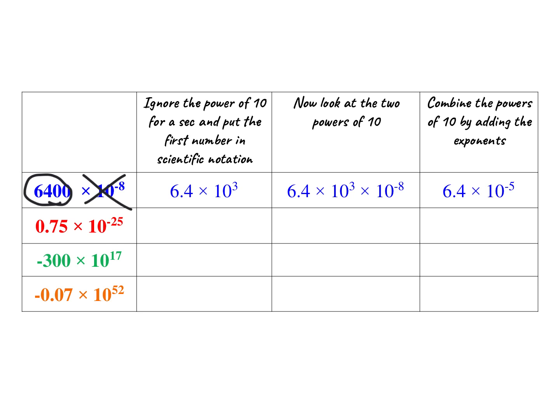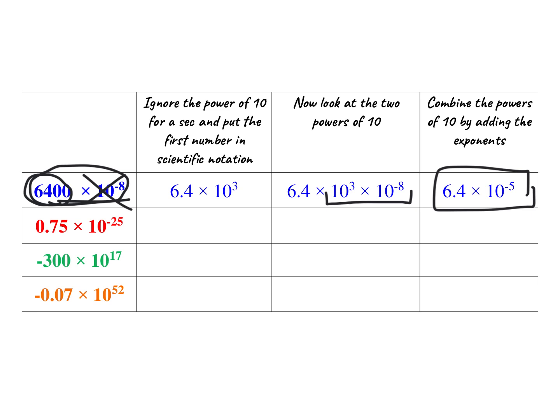But then we're going to bring back that times 10 to the negative 8th. Now we can follow our exponent rules. Because these have the same base, all you have to do is add the exponents. So 6.4 times 10 to the negative 5th is actually equivalent to 6,400 times 10 to the negative 8th.